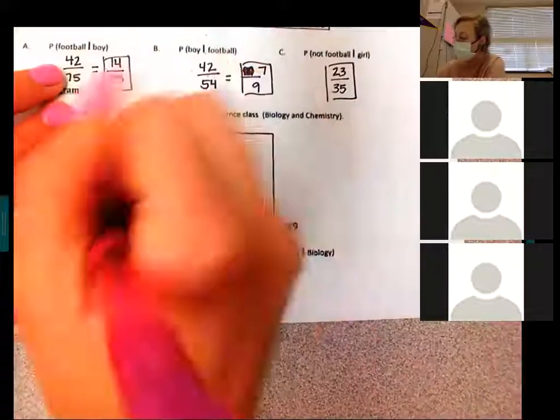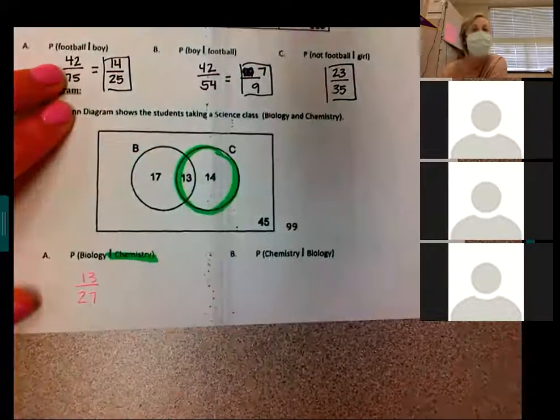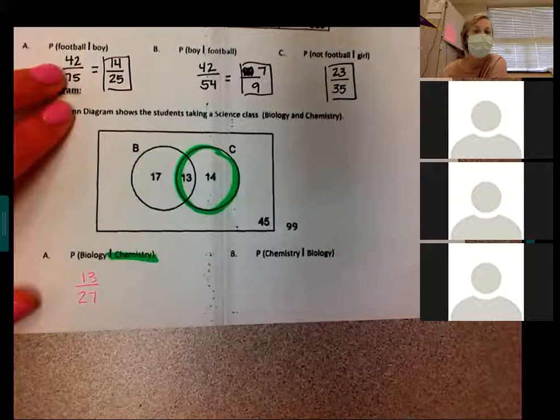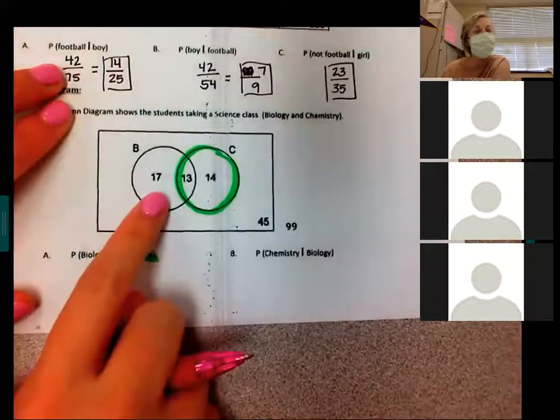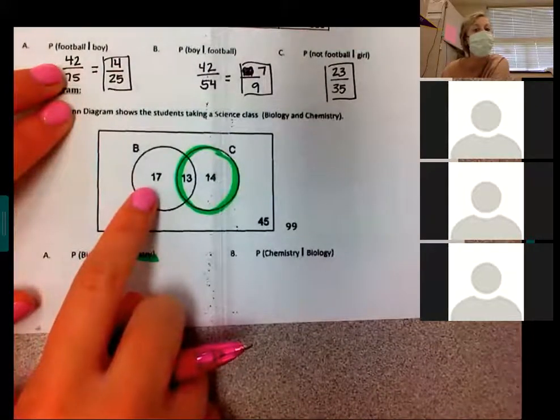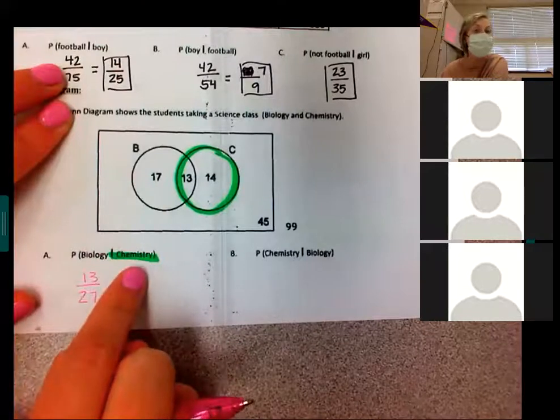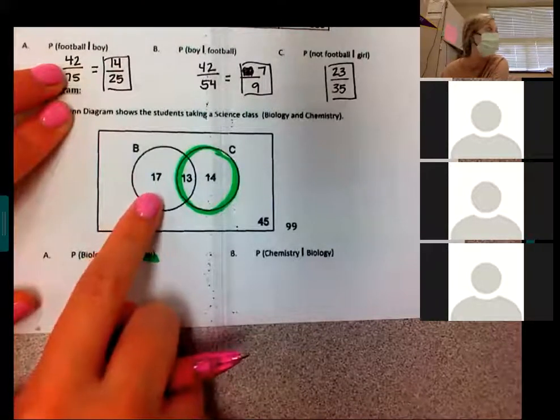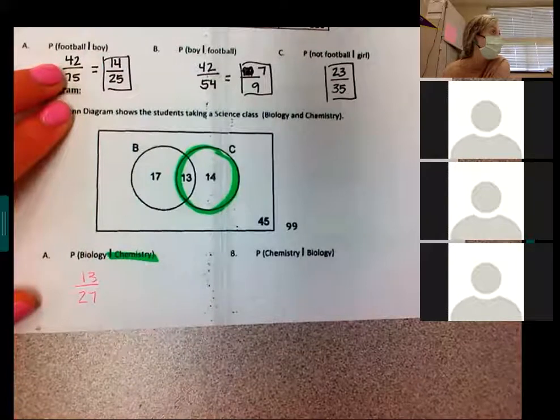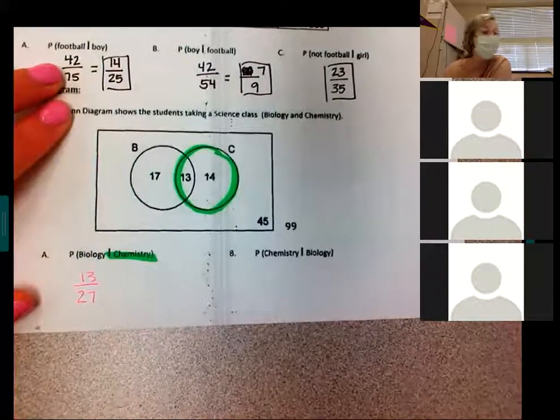The 13 in the middle. We're not asking about the 17 over here in the biology circle because it says given they take chemistry. So those people do not take chemistry. We're not talking about them. Does that make sense? Everybody's good? Okay.